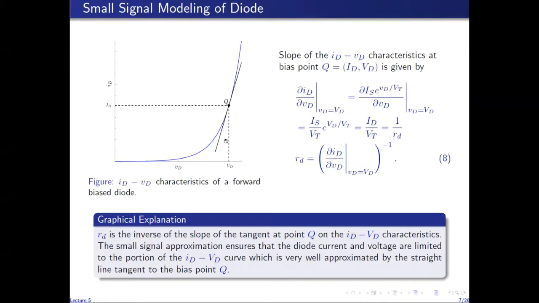So the small signal approximation will break down. So the small signal approximation ensures that the operation of the diode is limited to that portion of the curve about Q which can be approximated by the straight line tangent to Q. This is what it means graphically. That's how we get a linear ID-VD relation from a non-linear ID-VD relation.